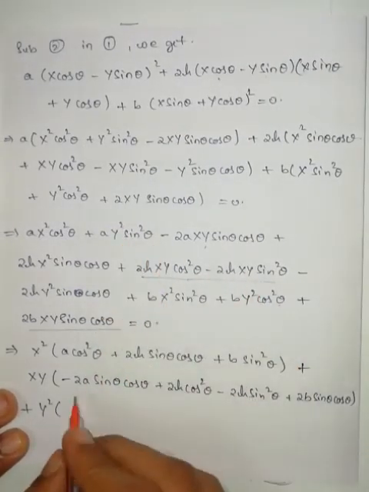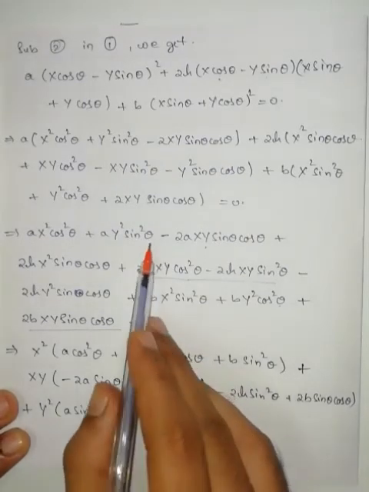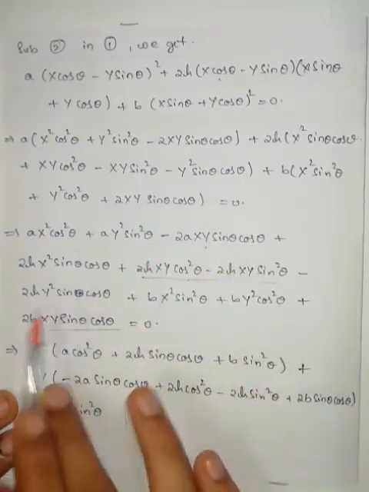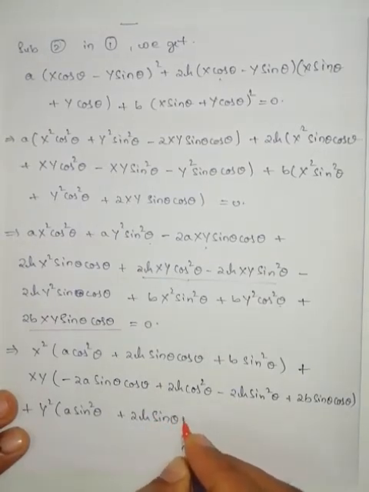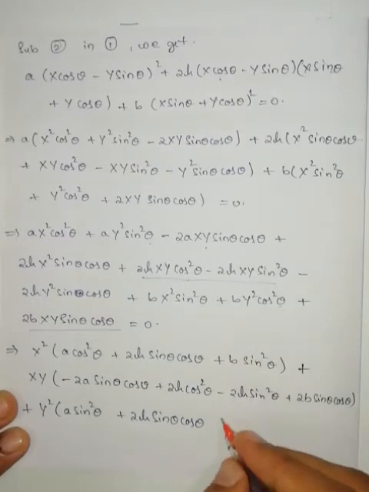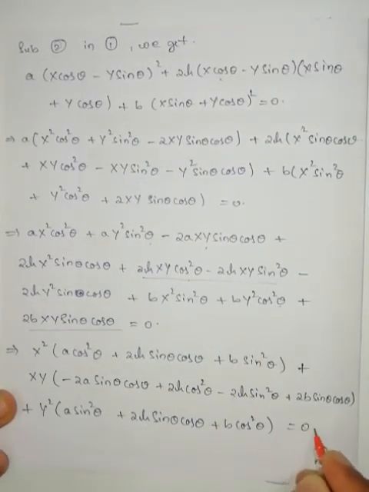What are the y square terms? a sin square theta, next 2h sin theta cos theta plus b cos square theta is equal to 0.